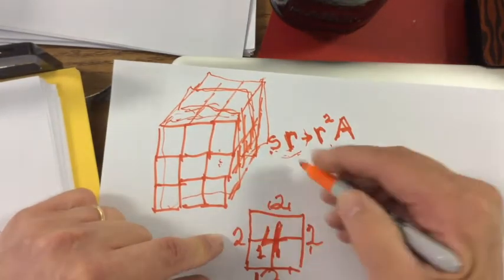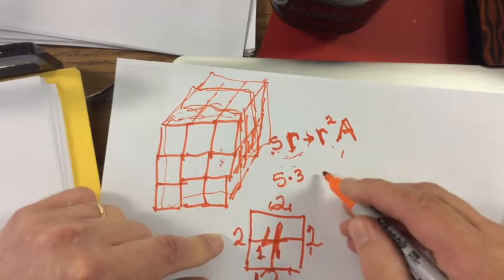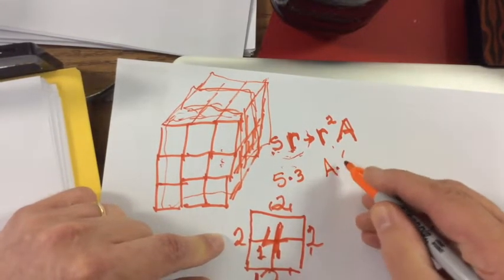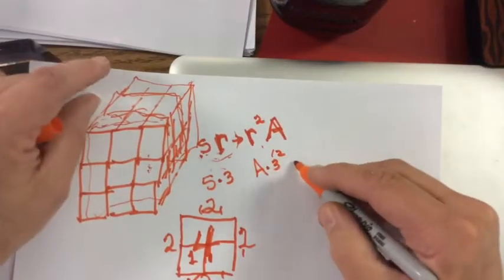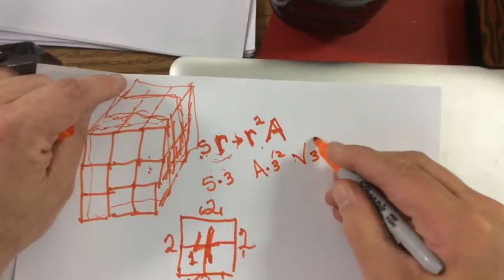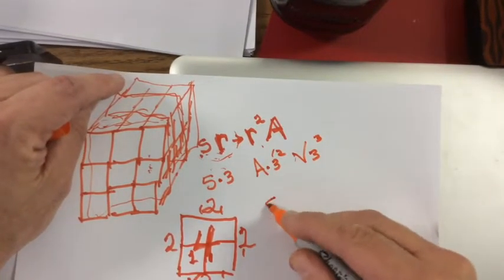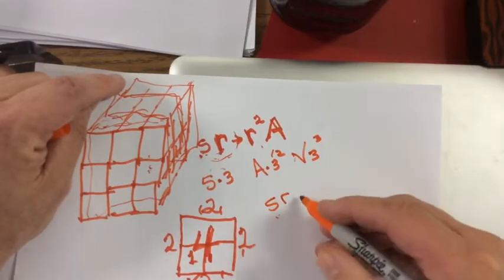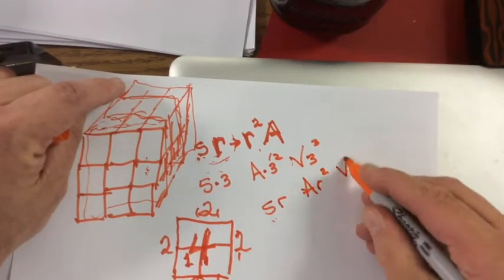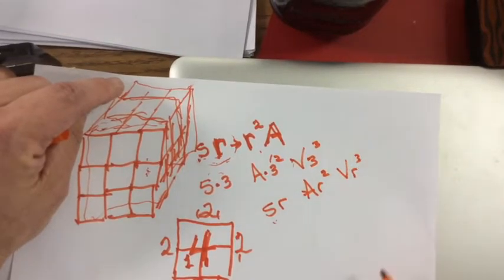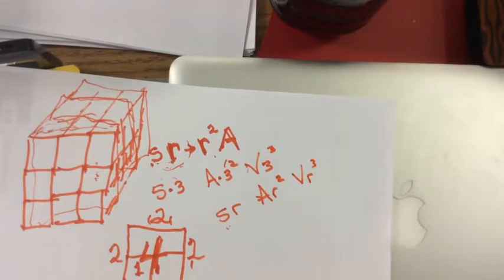So by increasing the length of the side by 3, I increase the area by 3 squared, and I increase the volume by 3 cubed. And that's going to be true with every ratio: the side length, the area, and the volume. The thing that I've told you from the beginning is counterintuitive. You won't think of it right away.